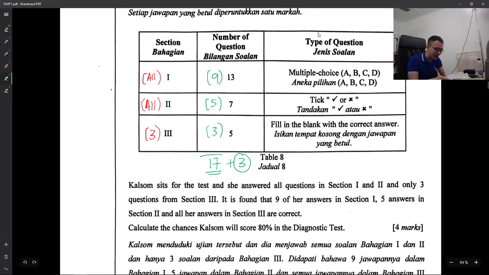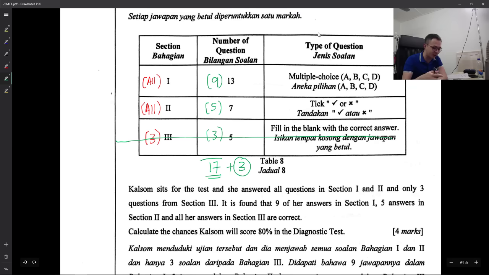I will cross out the third part, because in the third part she only answered 3 questions and got all correct. So the 3 questions are not possible from part 3. They're possible from part 1 and part 2.